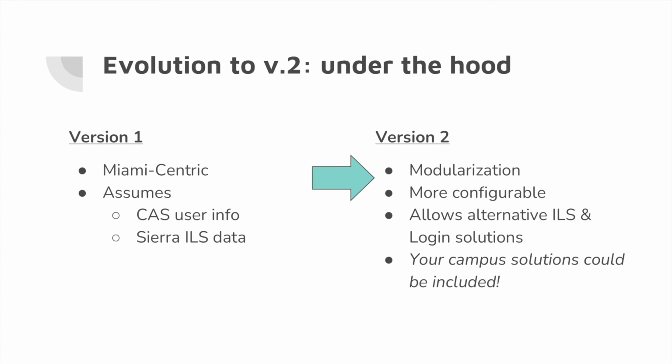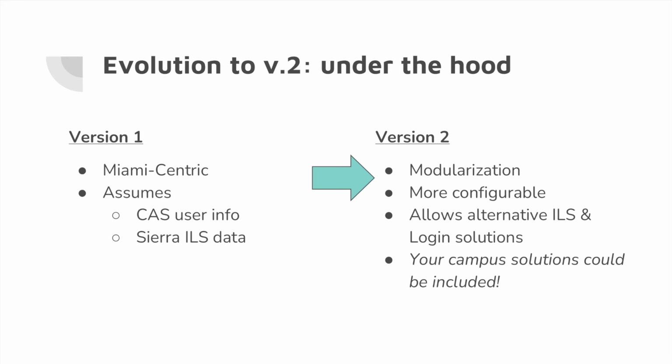More important in some ways than the addition of user preferences, though, are some things happening under the hood in version 2, and those changes may matter more to you. Version 1 was really designed just for our campus environment. It assumed the presence of our authentication system, CAS, as well as the Sierra ILS. Under version 2, we've refactored the system to use separate modules for authentication and circulation functionality.